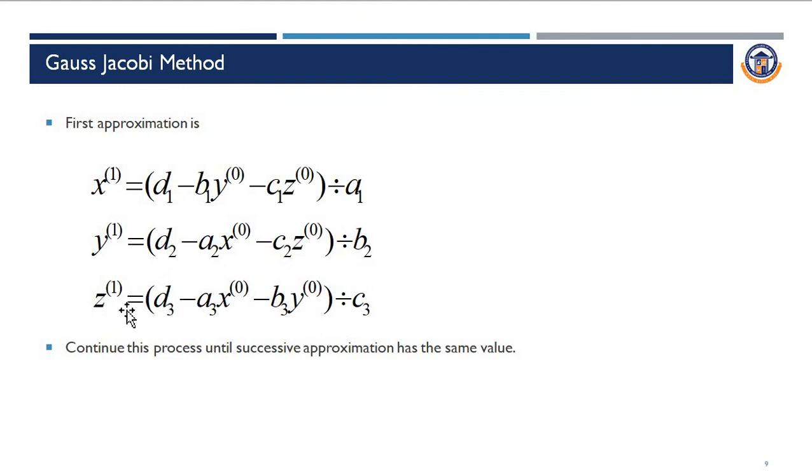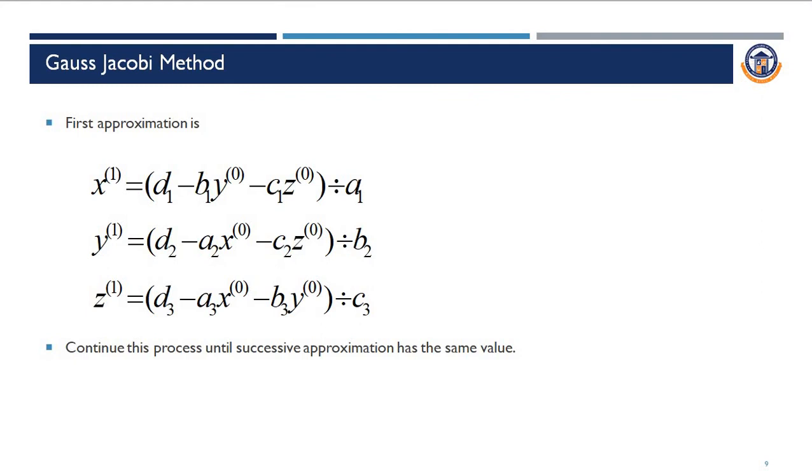Now, we have to continue this process until the successive approximations have the same value. With the help of this assumed initial approximation, I will get the first approximation of x, y, z. After getting the first approximation of x, y, z, I can go for the second approximation and then the third approximation and so on until the successive approximations have the same value.